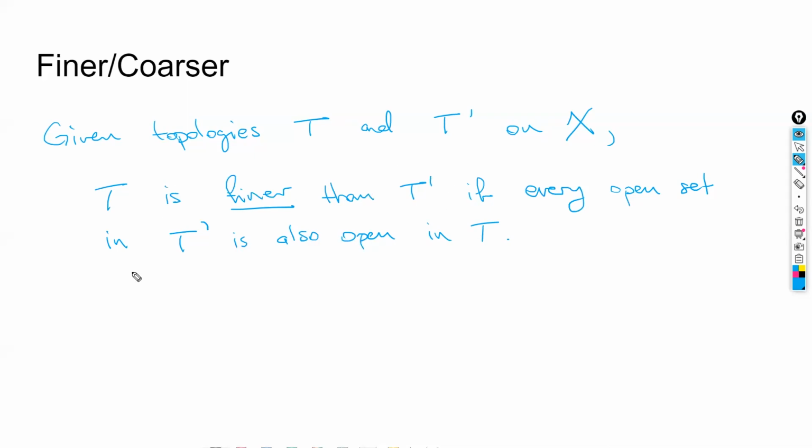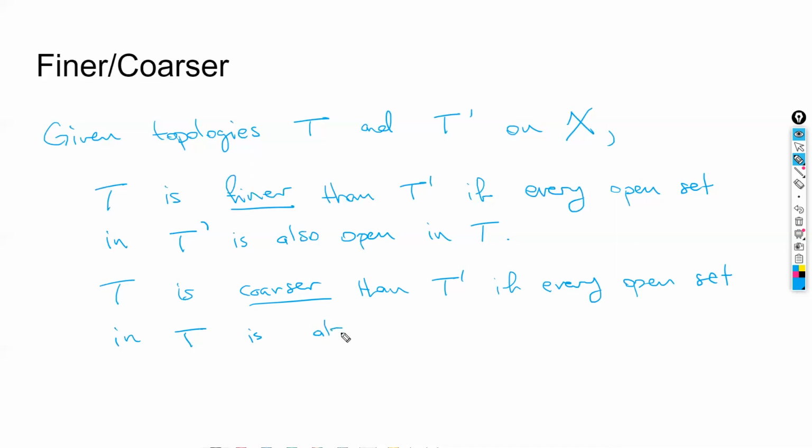And coarser is just the opposite. So T is coarser than T prime if every open set in T is also open in T prime.